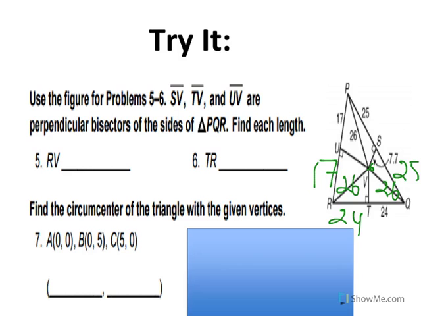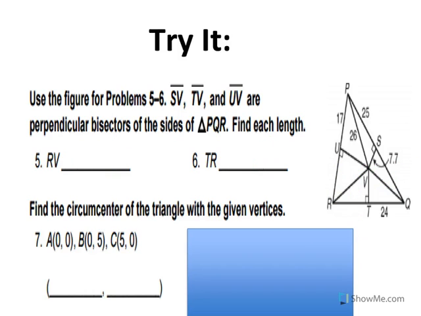So for number 5, we're looking for RV. So we know that this distance here is given as 26, and TR, so we're going from T to R is 24. Okay. And for number 7, it's similar to what we just did in the first 2 examples.